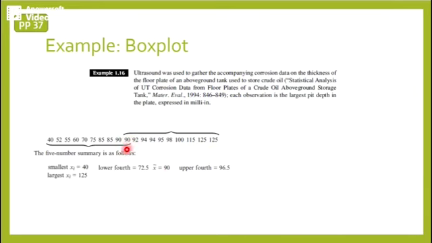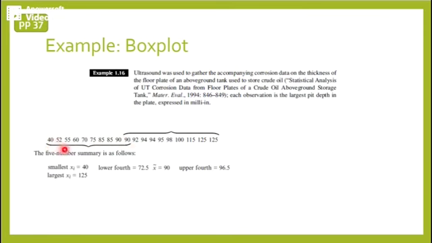Then the lower fourth is the median of the smallest half. In this part, there are 10 values. So I take the middle value of these 10 values.